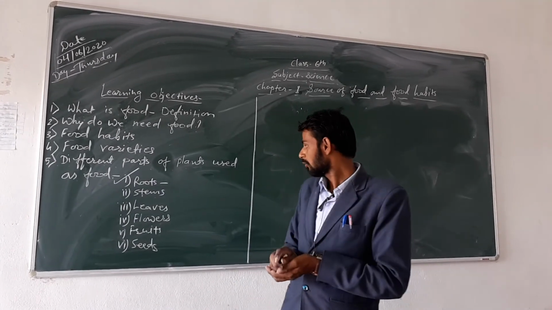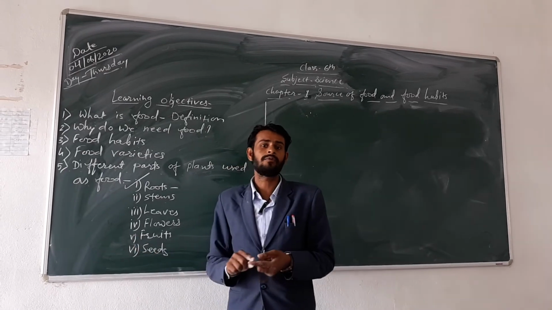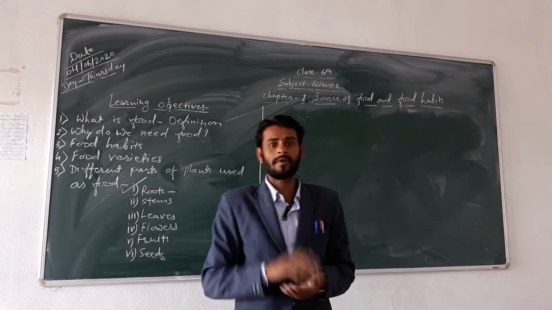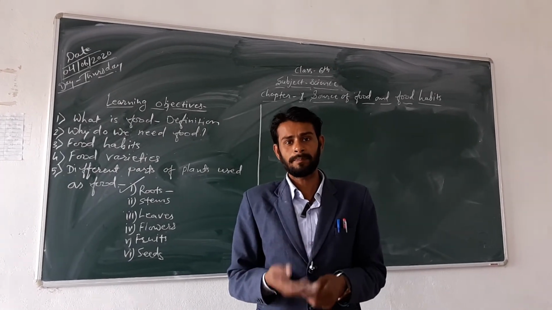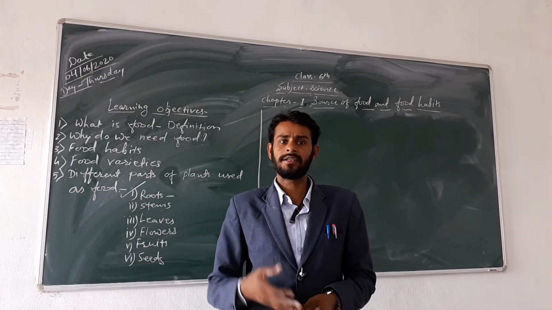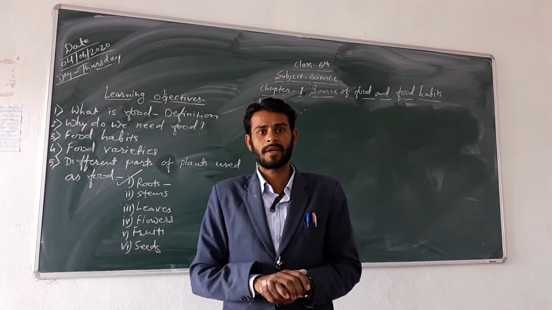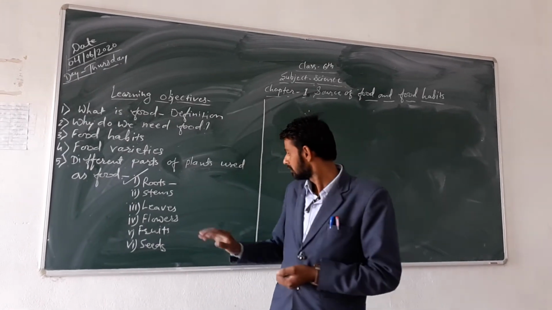So let's understand which kind of fruits we eat that contain water, the pulpy fruits. Students, I think you know very well banana, mango, guava, apple, pineapple and hundreds of kinds of fruits that you have eaten are the pulpy fruits, and these are the fruit part of the plant.